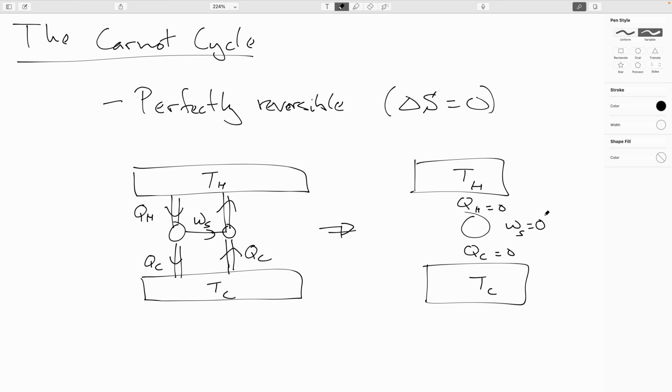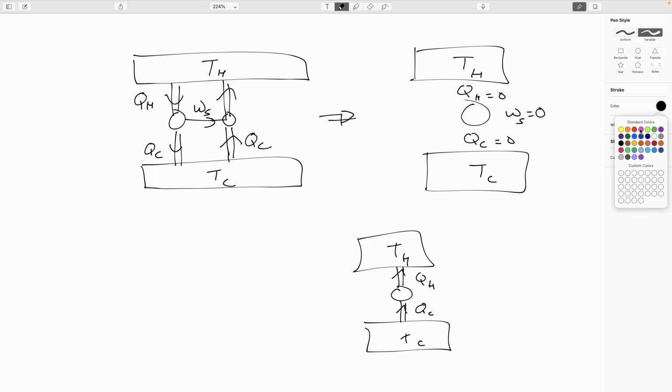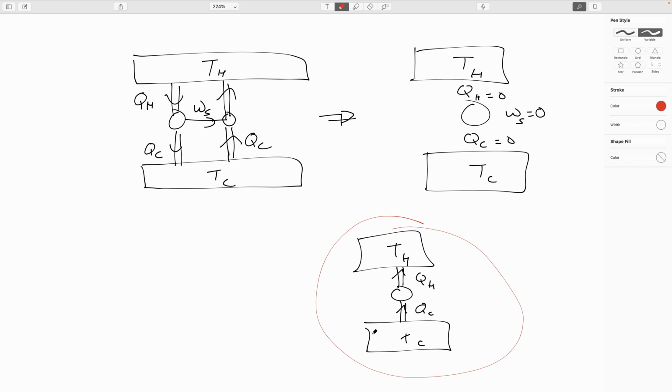As a result, it is impossible to have a spontaneous flow of heat from cold to hot. This violates the second law of thermodynamics, because otherwise we would have an overall decrease in the entropy of the system, which isn't possible.